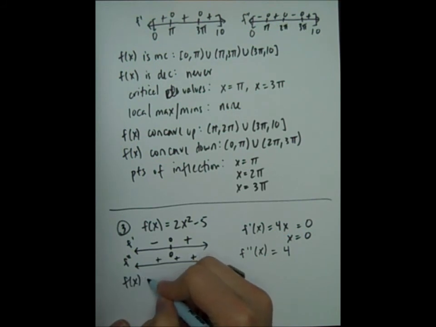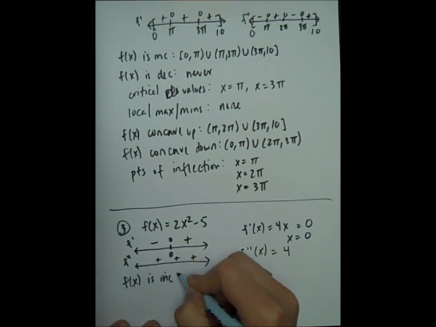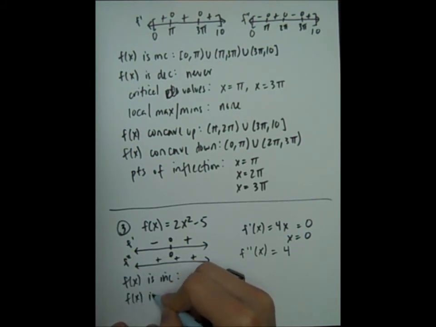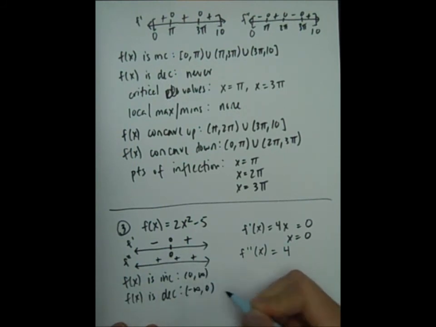Now let's answer what we're looking for. So f of x is increasing, f of x is decreasing. So increasing and decreasing, that's first derivative. So it's increasing from 0 onwards and decreasing from negative infinity to 0. Do I have any local maxes or mins?